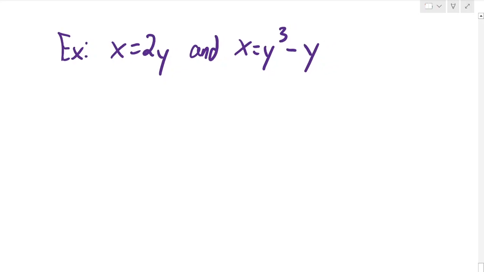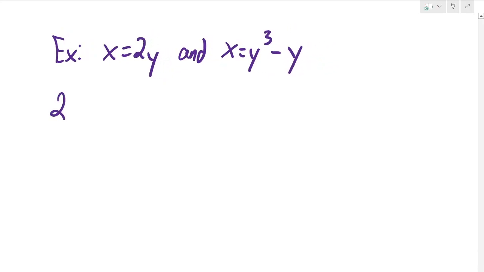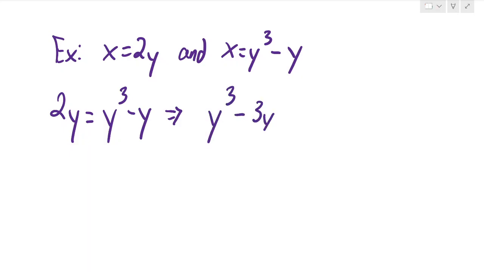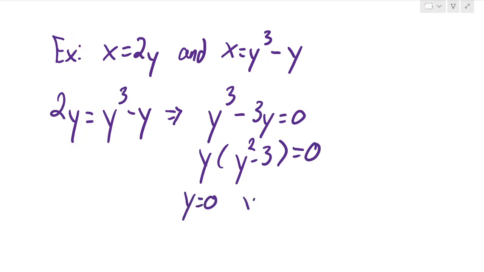Okay, so to do that, again, we'll just set the functions equal to each other. So 2y equals y cubed minus y. And then we're going to solve this. So we get y cubed minus 3y equals 0, which implies that we have y times y squared minus 3 equals 0. So y equals 0, or y squared equals 3, meaning that y equals plus or minus root 3.